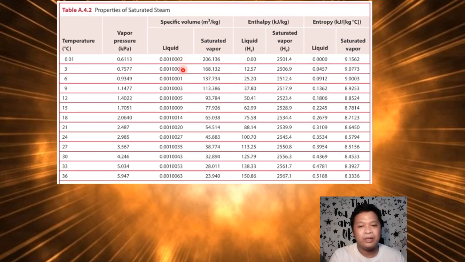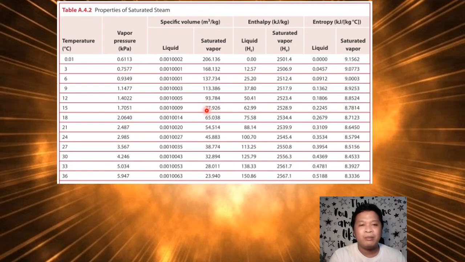And then notice that as we increase the temperature of the liquid, by heating it, yung heat na na-absorb niya to increase its temperature, yun yung equal sa enthalpy niya. Okay, so take note that enthalpy is from state 1 to state 2. No?